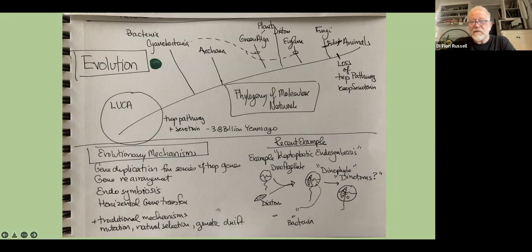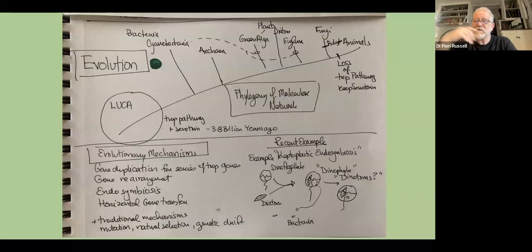Endosymbiosis is pretty important for this group of genes because of this plastid development, where the endosymbiotic event creates the plastid, but then carries the genes along with that. There are also examples of horizontal gene transfer, which happens most commonly in bacteria, but also between bacteria and eukaryotic hosts, where a gene from the bacteria is transferred.